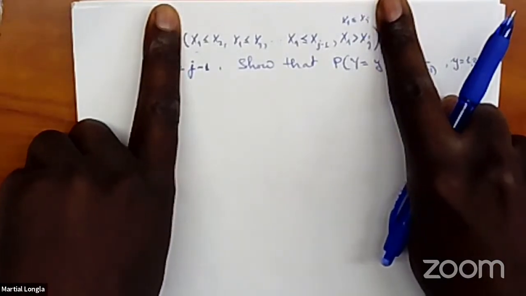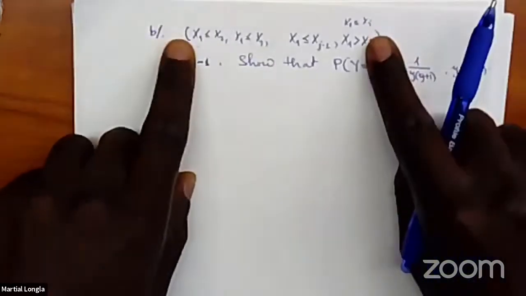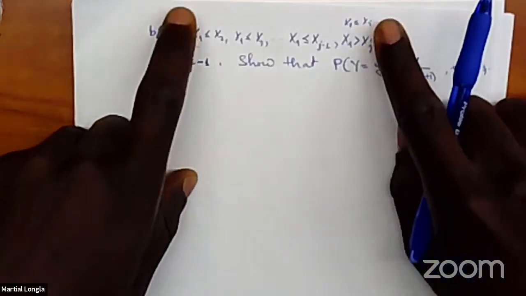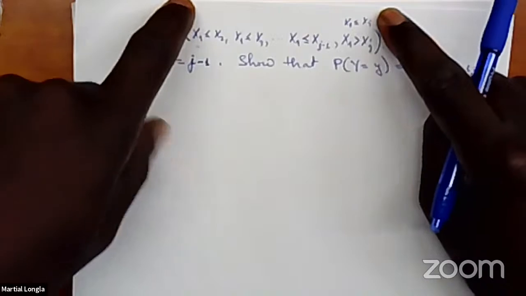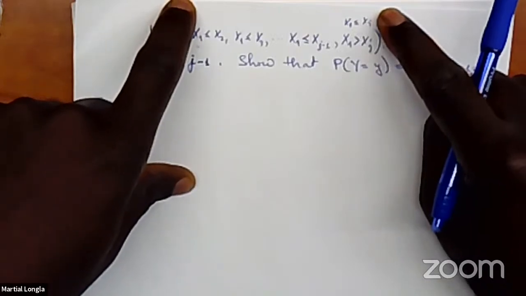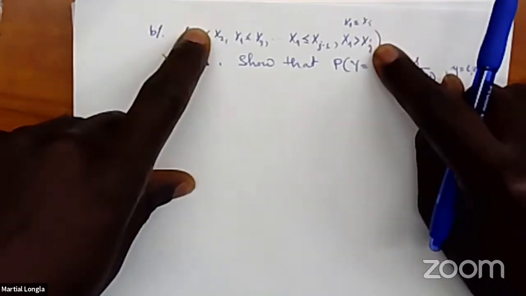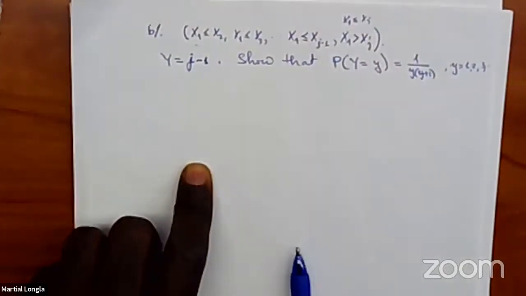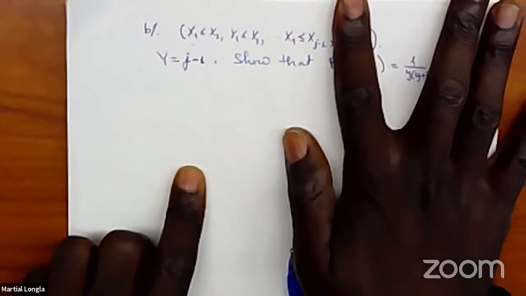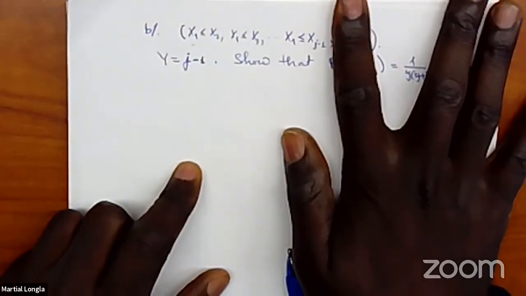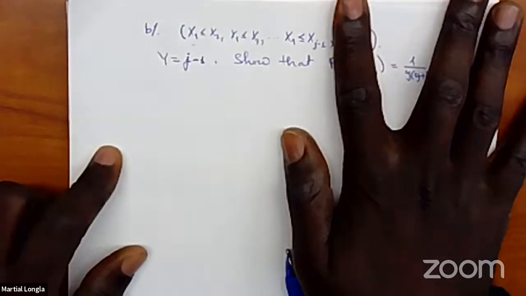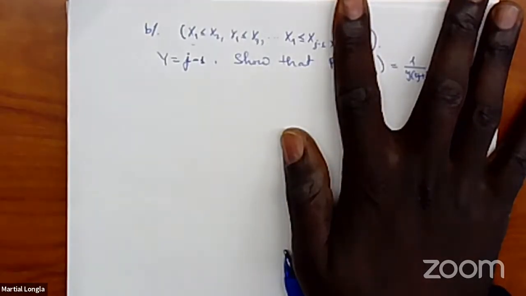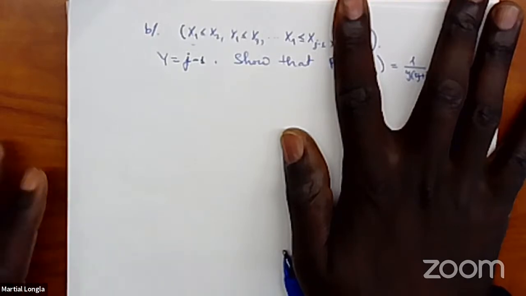But the good news is this event is disjoint with the one that I flipped it into, and their union is the previous event, because if I take the union of these two things, it's just this. Right? Because I have all the options for x1. x1 is either less than xj or larger than xj. The probability of that is 1.